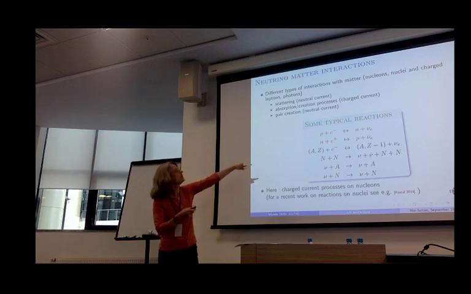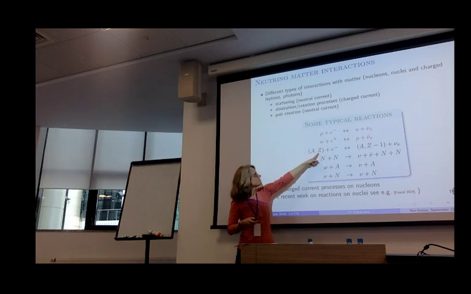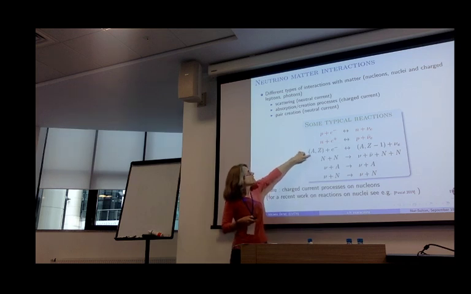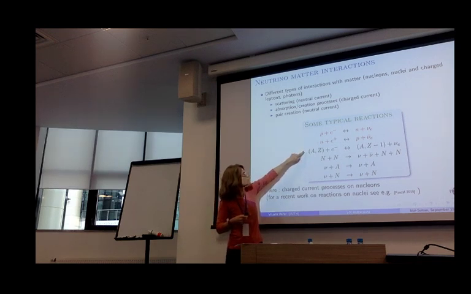Then you can have the same type of reactions on nuclei, which I show here. So A is the mass number, Z is the proton number of the nucleus, and it corresponds to the same type of reaction as this one, except that the protons and neutrons are bound in the nucleus.